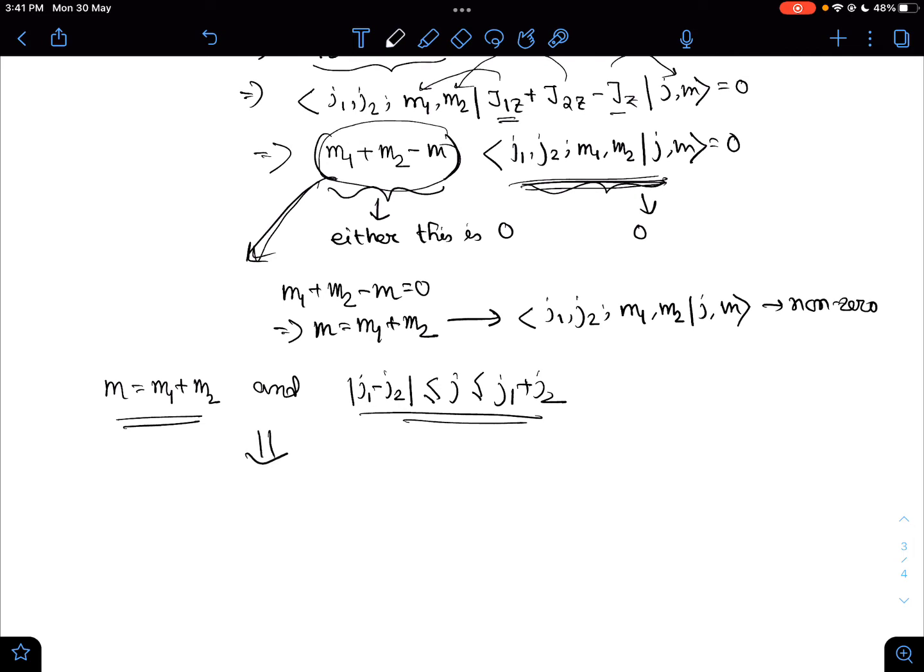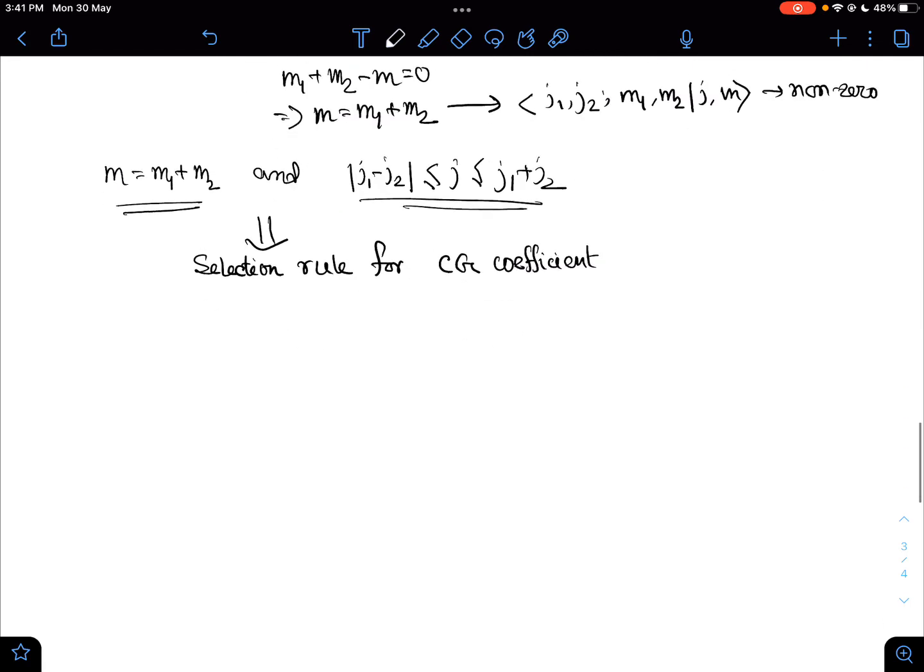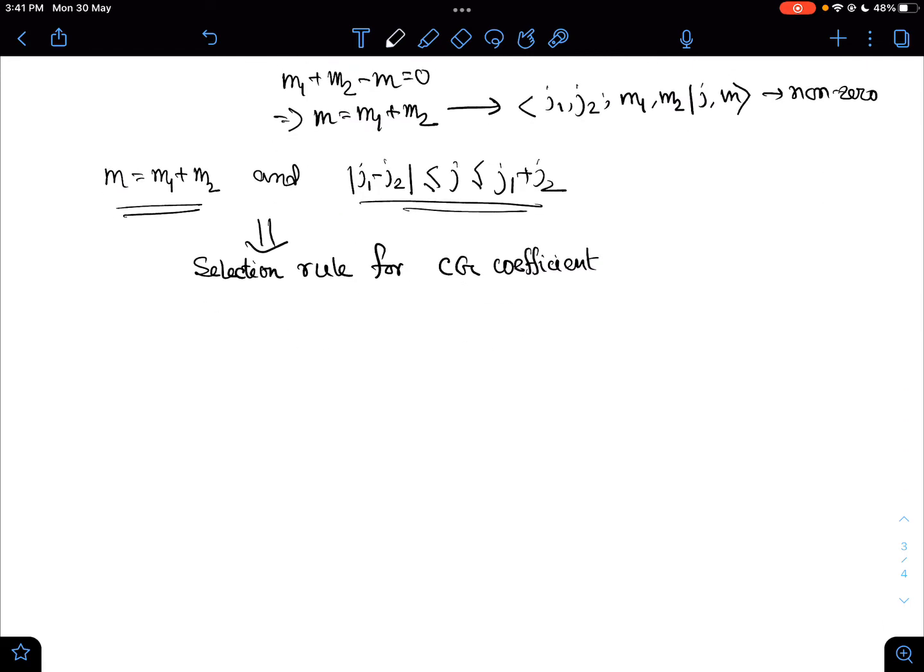This is known as the selection rule for the Clebsch-Gordon coefficient. So we have found the selection rules.